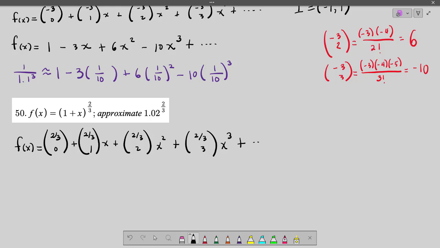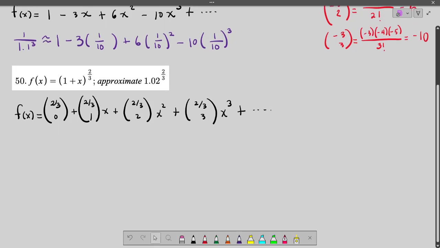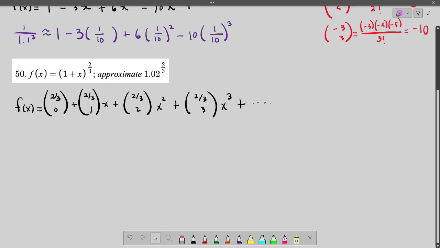And there's our binomial series. So f will be exactly equal to that. Now p is 2/3, so we can go back and figure out our interval of convergence. When p is positive, we include the endpoints. So it's going to be -1 to 1, closed interval. So f is exactly equal to that infinite series when we're on that interval.